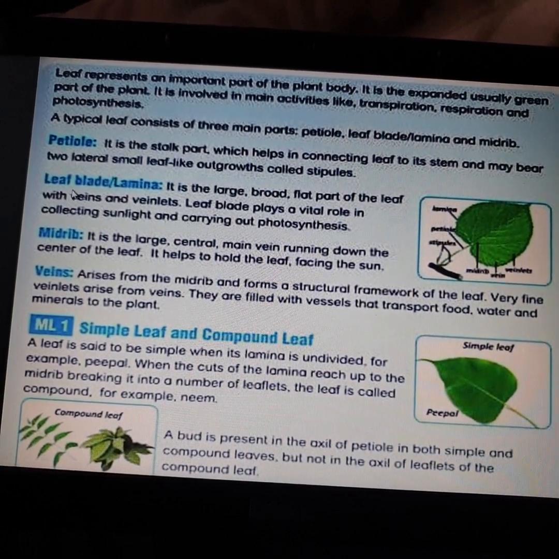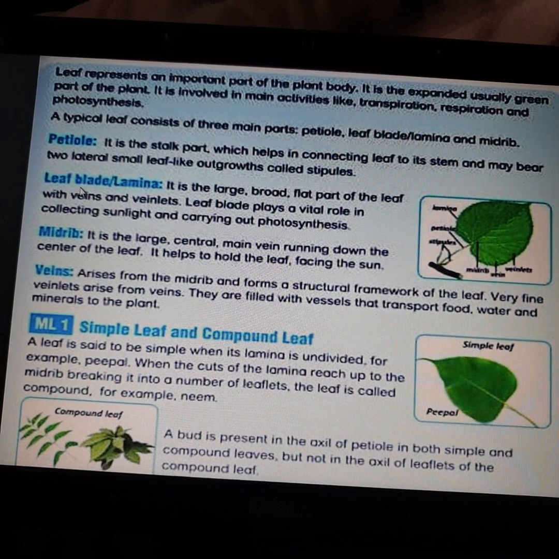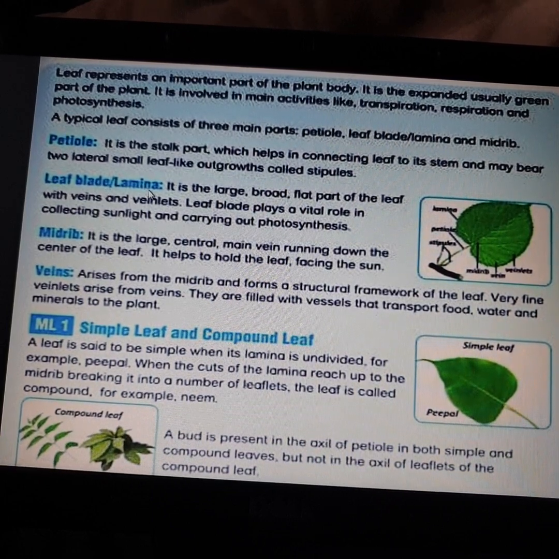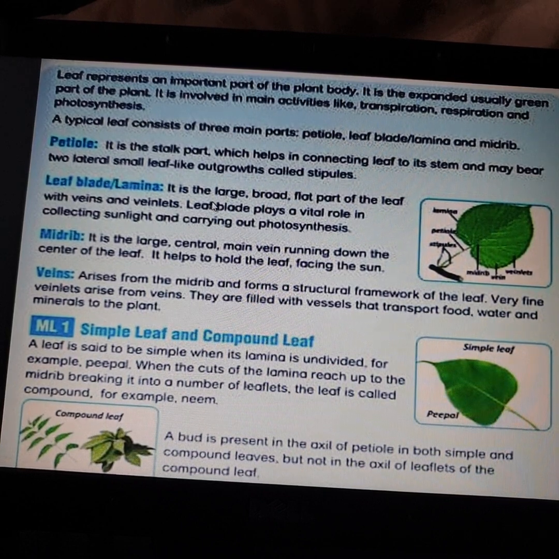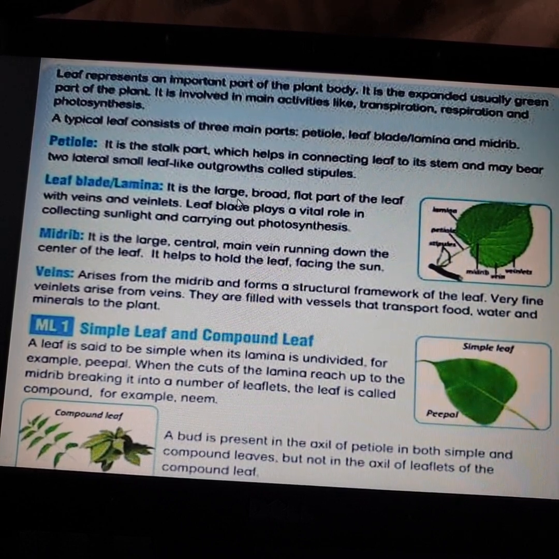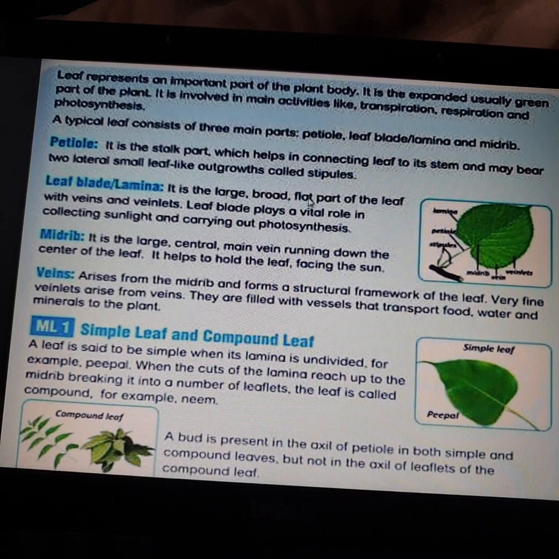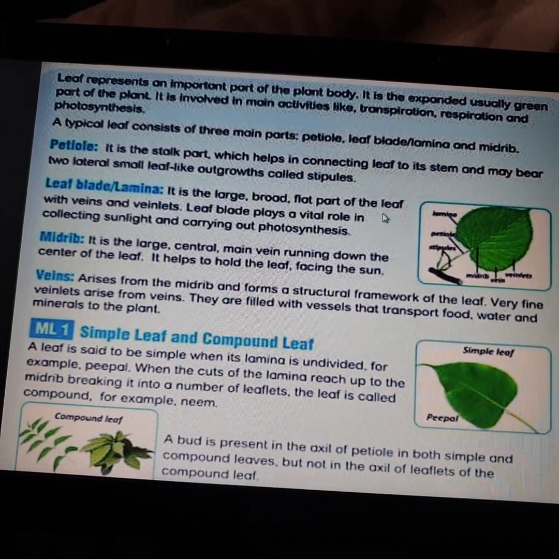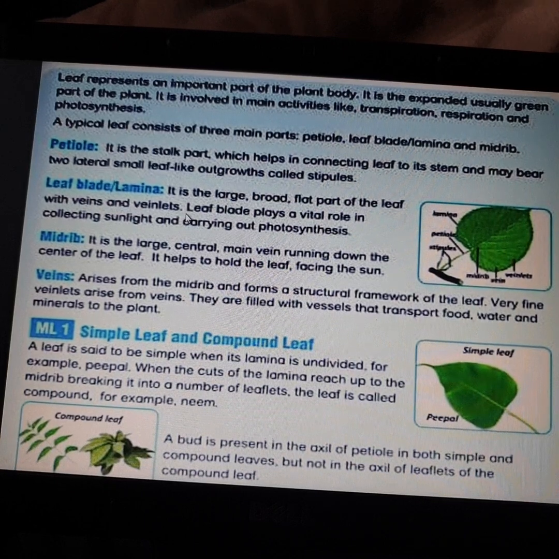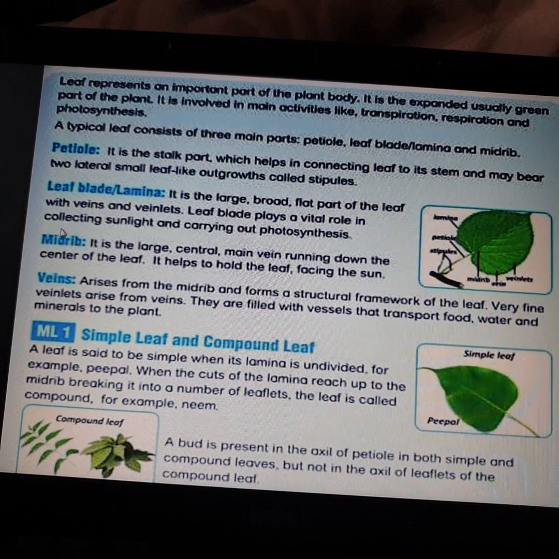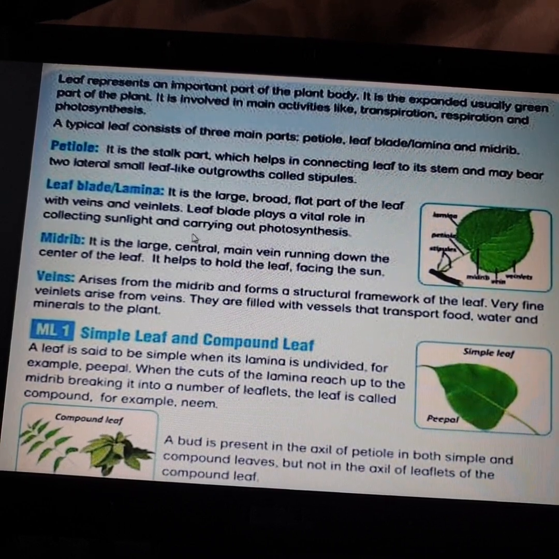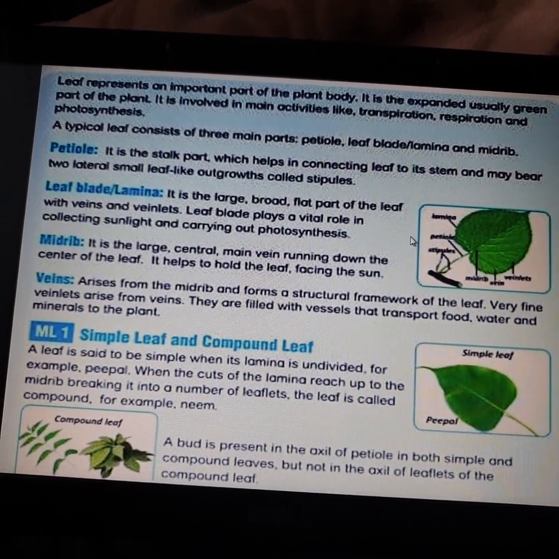Next, second is leaf blade or lamina. Now what is this leaf blade or lamina? It is a large, broad, flat part of a leaf with veins and veinlets. Leaf blade plays a vital role in collecting sunlight and carrying out photosynthesis.